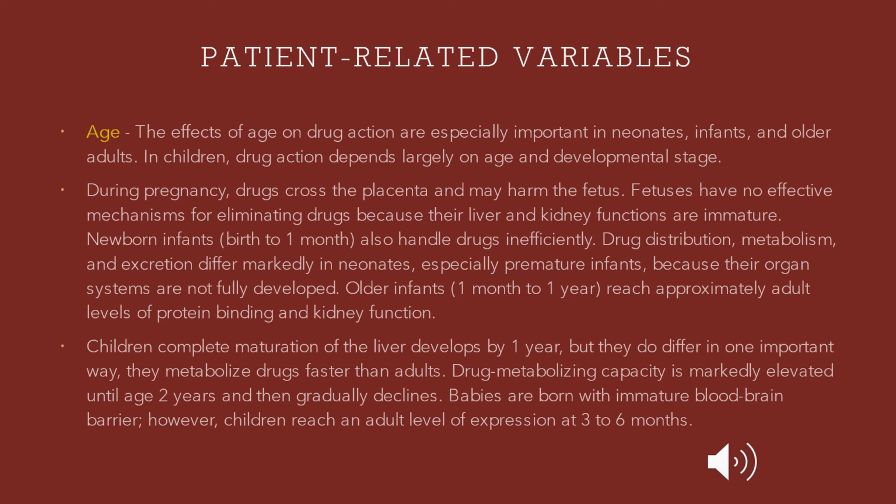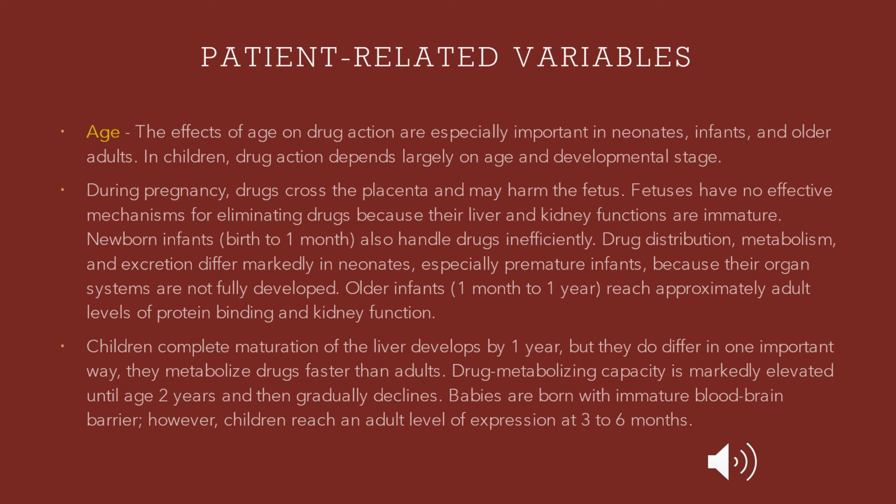Fetuses have no effective mechanism for eliminating drugs because their liver and kidney functions are immature. Newborns from birth to 1 month also handle drugs ineffectively. Drug distribution, metabolism, and excretion differ markedly in neonates, especially premature infants, because their organ systems are not fully developed.